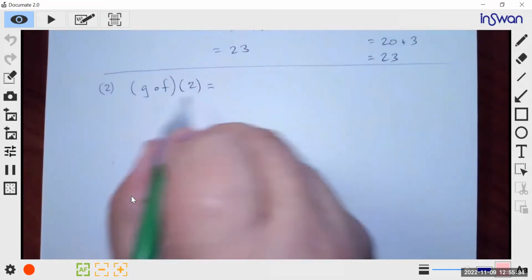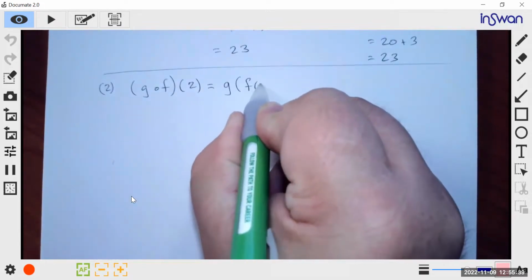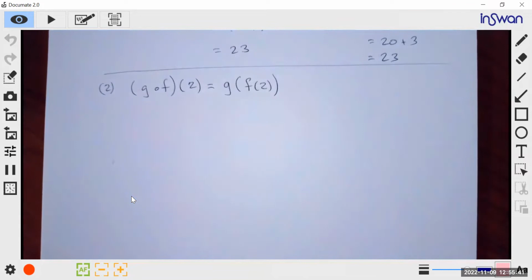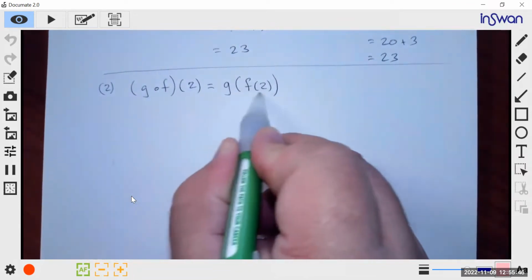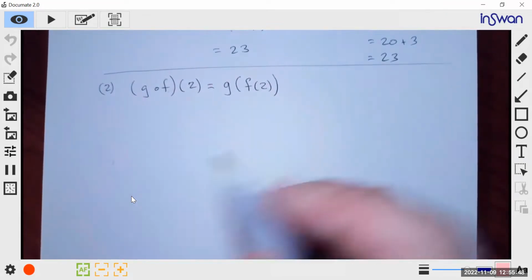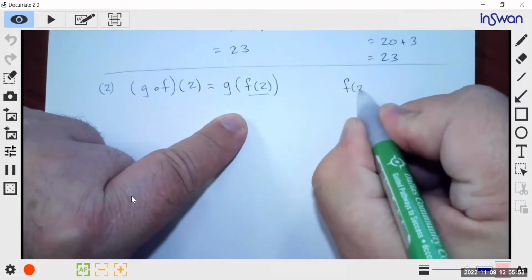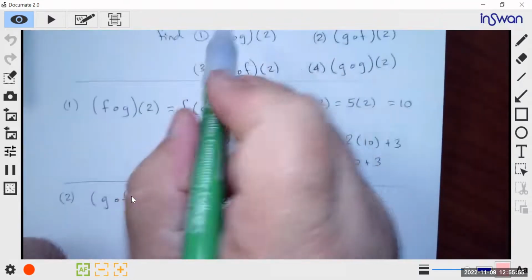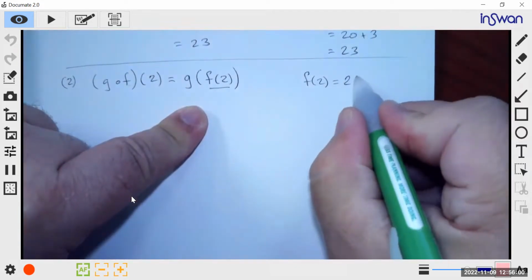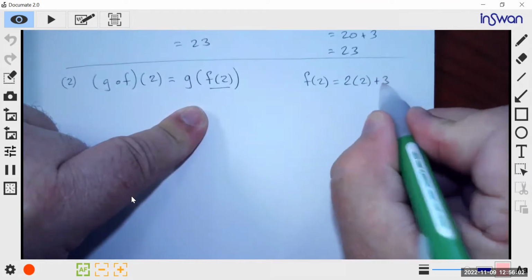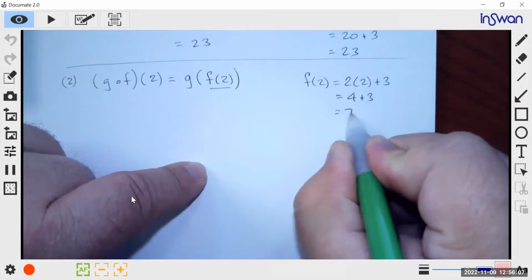So how can you rewrite this equation? g of f of 2. The "of" means it's inside the parentheses. So the first thing we have to do is figure out what f of 2 is. f is 2x plus 3, so it's 2 times 2 plus 3. 4 plus 3 is 7.